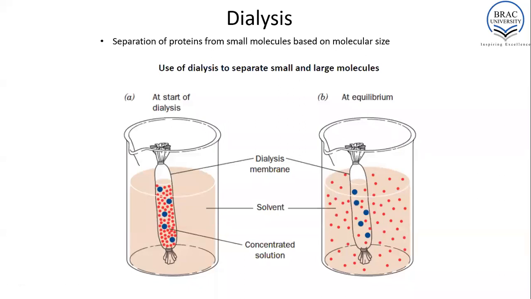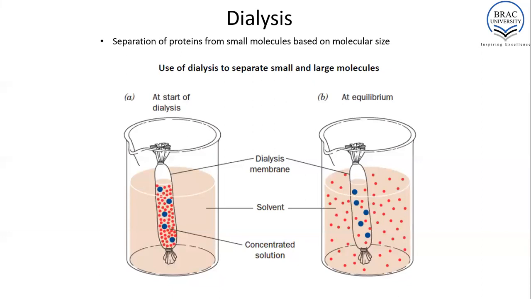Dialysis is also a separation based on molecular size. The concentrated proteins or the cell particles, mainly the organelles, are taken into a dialysis membrane using a concentrated solution solvent. The solution actually comes out from the dialysis membrane according to size.